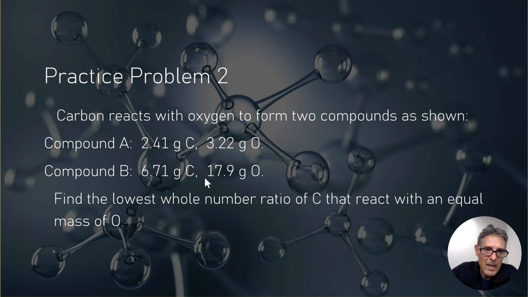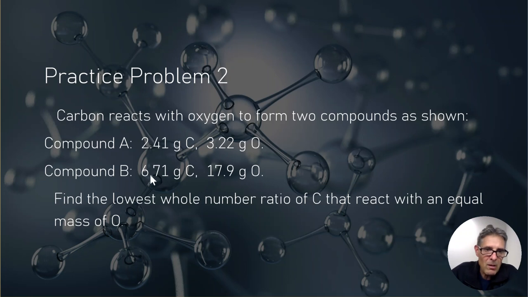And we're going to come back to that number. I've got to get 17.9 grams to 1 gram. How do I do that? Well, I can divide it by itself. 17.9 divided by 17.9. So now I've rendered this number 1 and that number 1.